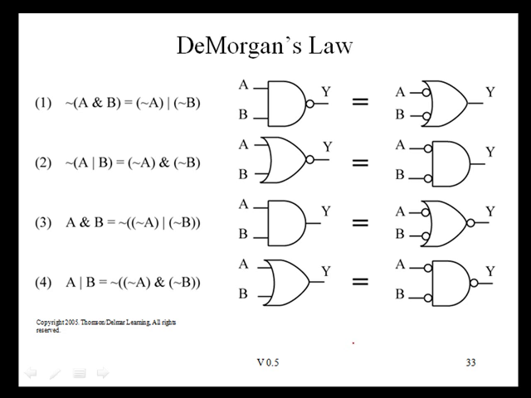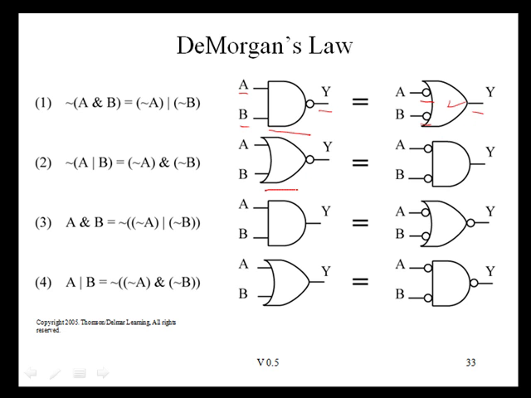This slide shows some Boolean equivalences that arise from something known as De Morgan's law. What De Morgan's law allows us to do is draw some equivalences between AND and OR forms. For example, in this form right here, we have an AND gate with high true inputs and a low true output. That is equivalent to an OR function that has low true inputs and a high true output.